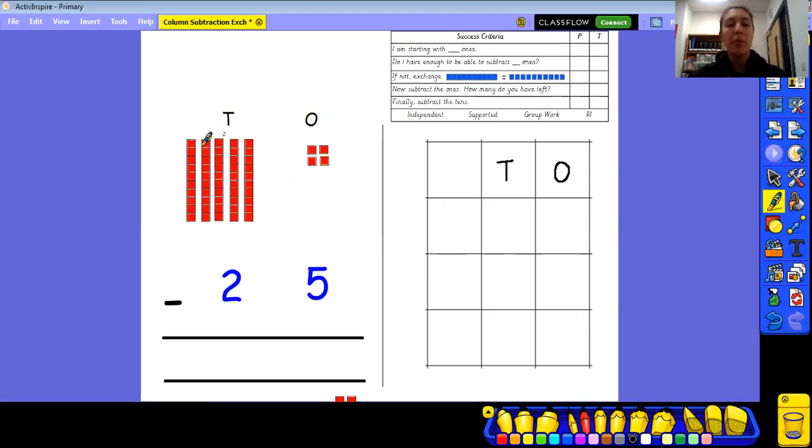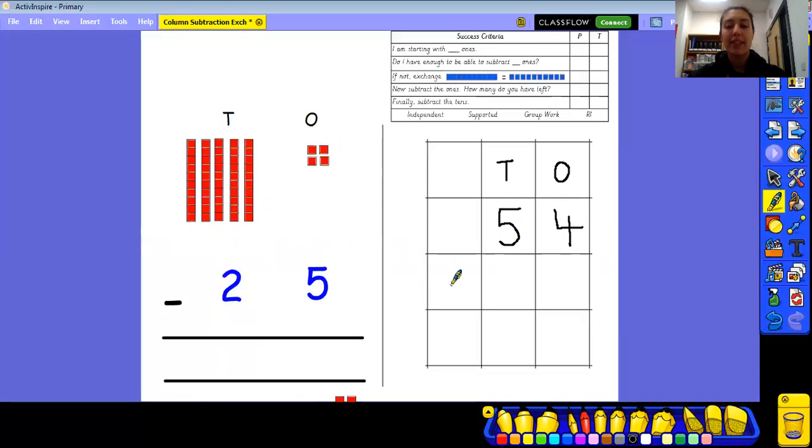And then my top number has to be written first. So my first number, which is on the top, has 1, 2, 3, 4, 5. It's got 5 10s. And it's got 4 1s. So my top number, the number that I'm starting with, is 54.